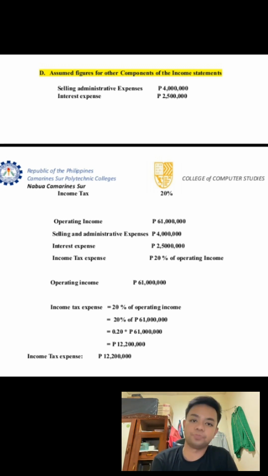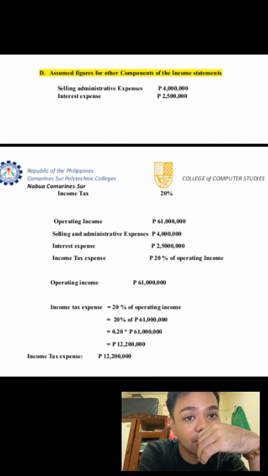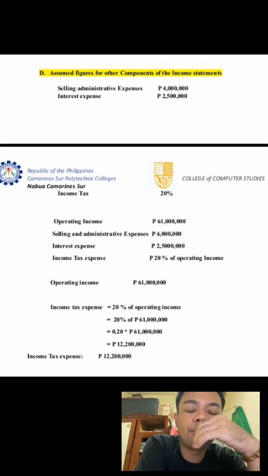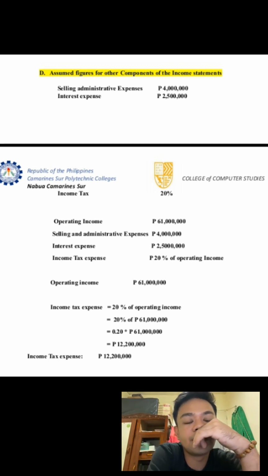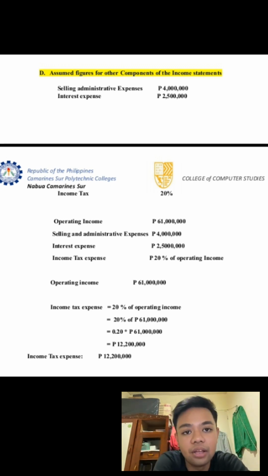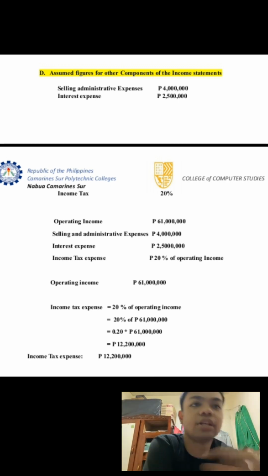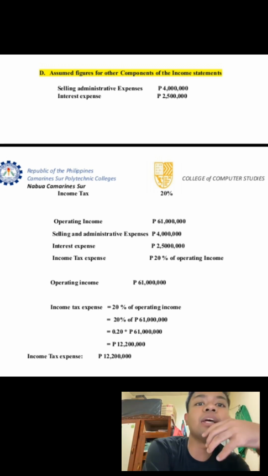To calculate that, we need to multiply 0.20 by 61 million, and after doing so, we would get 12,200,000 pesos as the income tax expense.